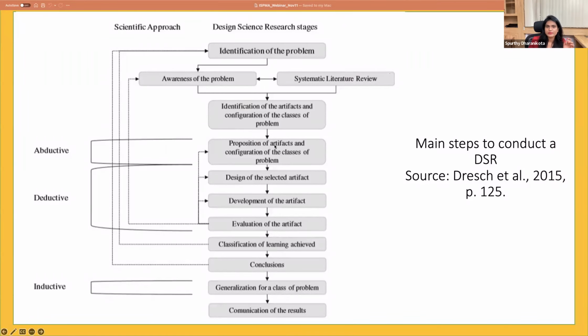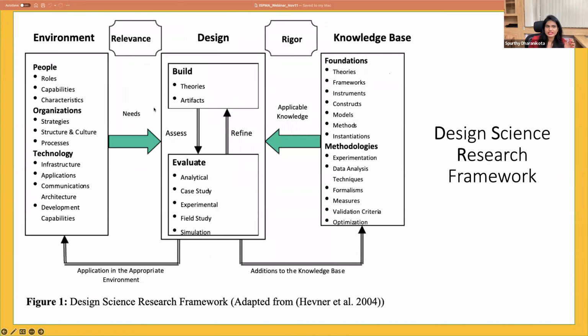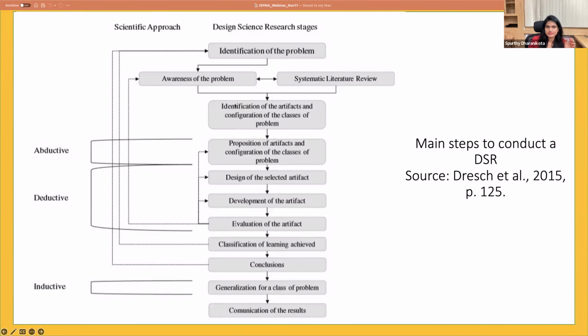So in this phase, you propose the components of the artifact, technology, architecture, and how it's built and things like that. And then you start the design phase. So you design the artifact based on the proposed components, and then you go into the development phase where you actually develop the artifact. So we've looked into the build and evaluate phase, right? So this is where the design and development of the artifact happens.